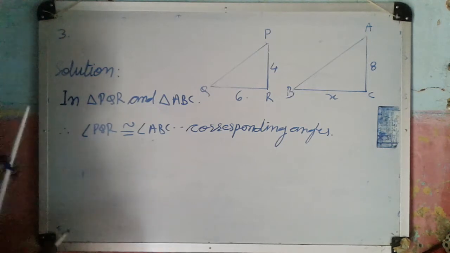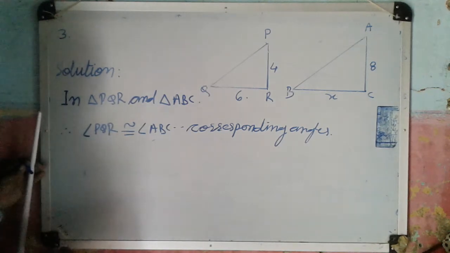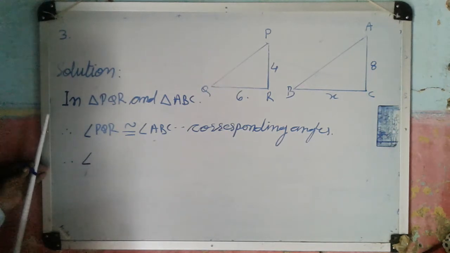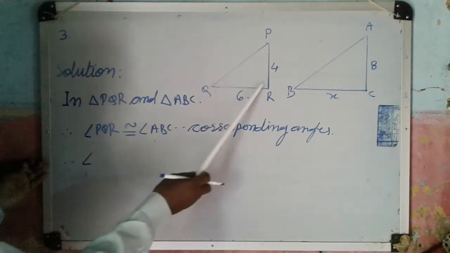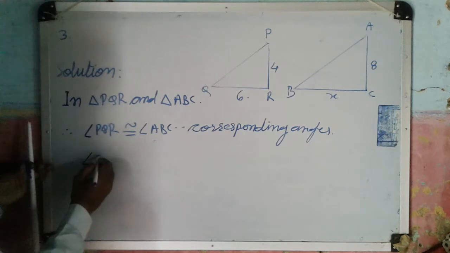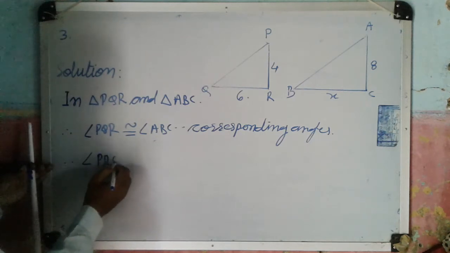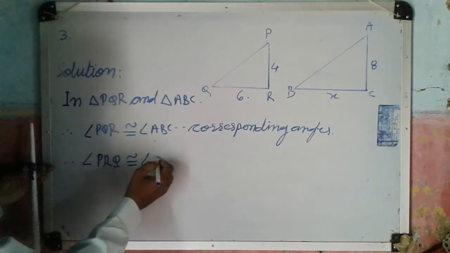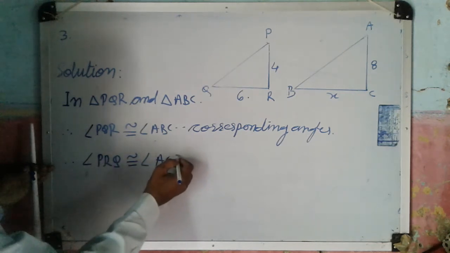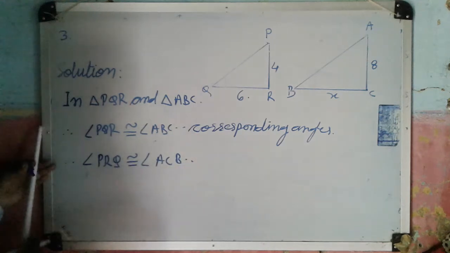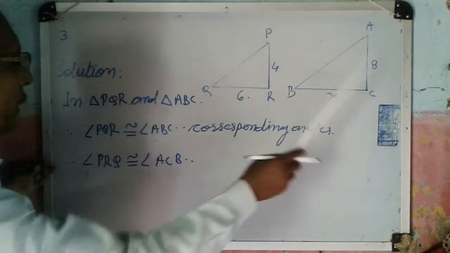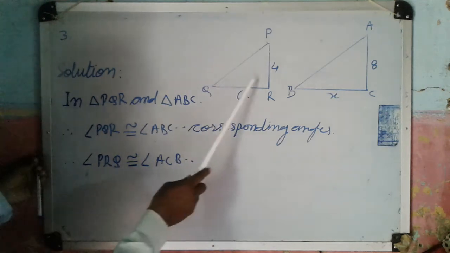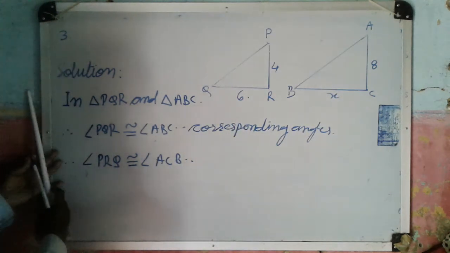Now another pair of congruent angles is angle PRQ congruent to angle ACB, because both the poles are perpendicular to the ground, so they make a right angle with the ground.